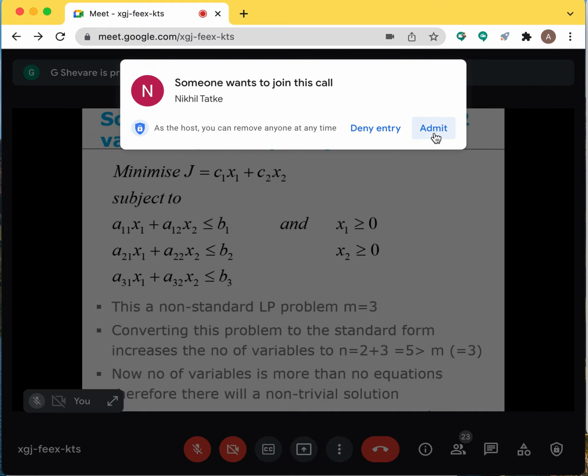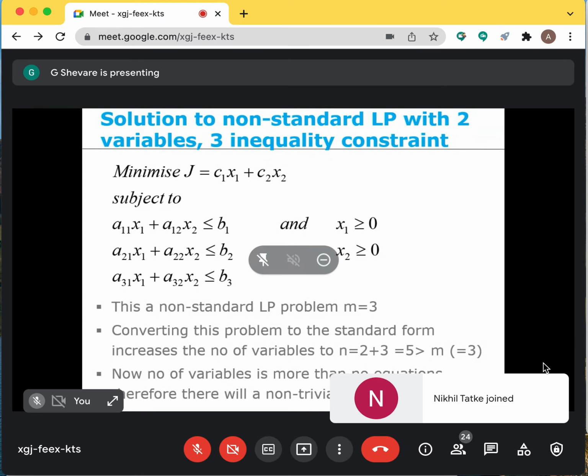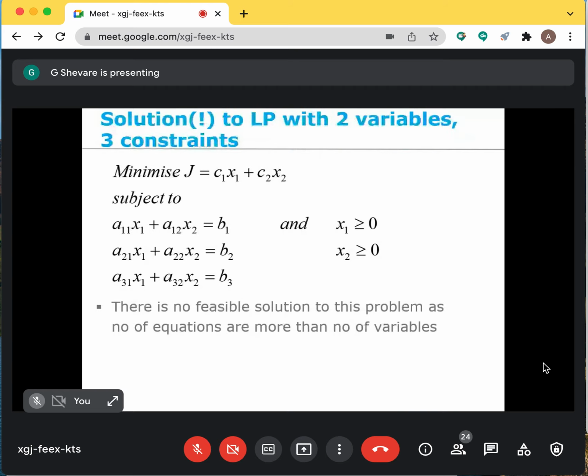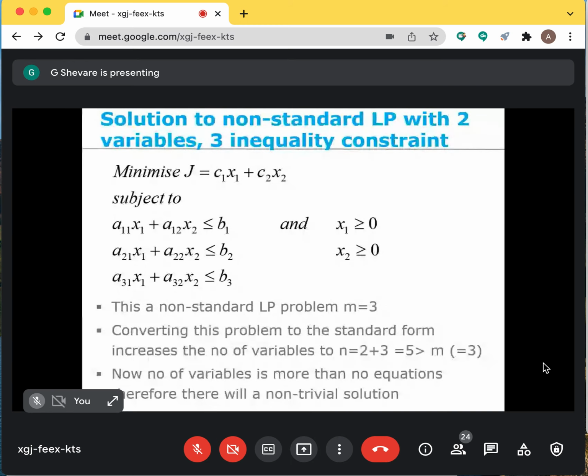So now the number of equality constraints is 3, but the number of variables is 5. This is acceptable, and this will give you a non-trivial solution. So converting the constraints to inequality constraints has made this problem go from no solution to a perfectly fine problem with a well-defined solution.